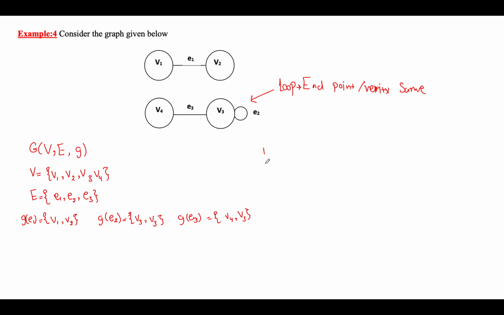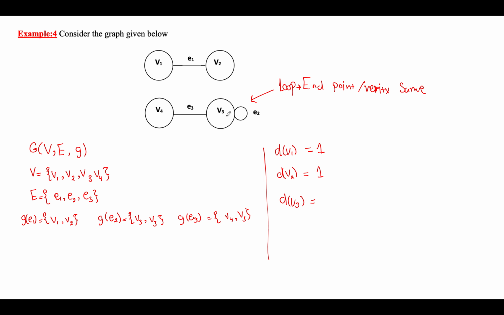All right, now let's talk about the degree of the vertex. Now the degree of V1, how many edges are assigned to V1? We can see that there is 1. Degree of V2 is also 1. Degree of V3 is 1 and 2 and 3.